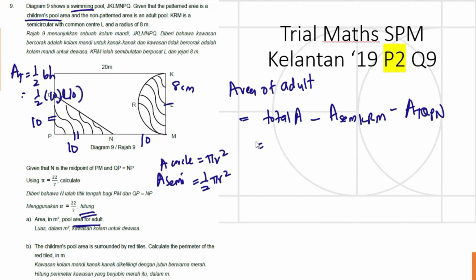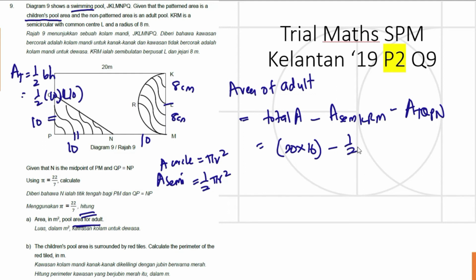So total area is 20 times 16, because this one is 8 cm. So total area is 20 times 16, minus area of semicircle, half pi r square.